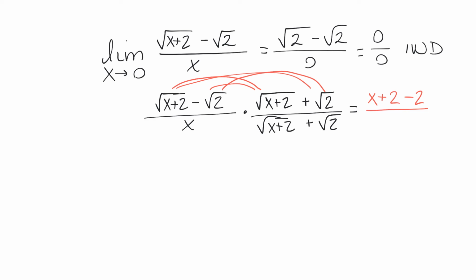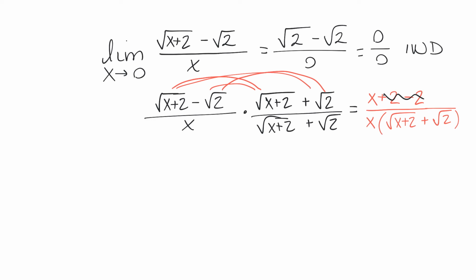Over, we learned last time we're better off just leaving the bottom alone and not multiplying that part through, because sometimes it works to our advantage. So here's what's left: x plus 2 minus 2. Plus 2 and minus 2 are 0, can we agree that that's 0?